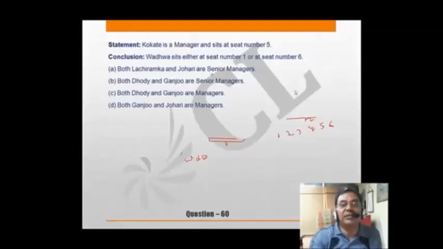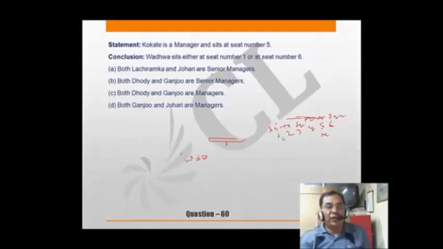Kokate is a manager and sits at number 5. So immediately we can get it. This guy has to be a senior manager. Now two senior managers cannot be put together, so this is manager, senior manager, senior manager. Now this we have got.